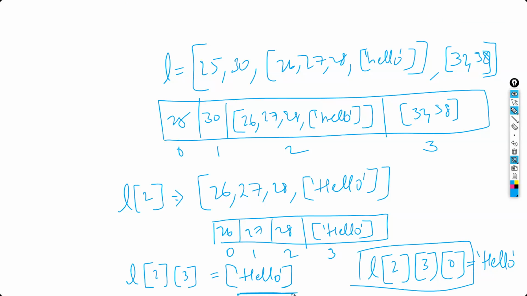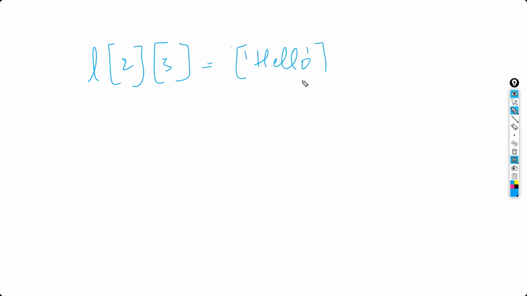In the list, how to extract a single item? First item. L of 2, within that 3. What is the output you got? List of hello. How will this object be stored, guys? In the box hello. And what is the index number of this? One item only. For example, in the list you are having 10.